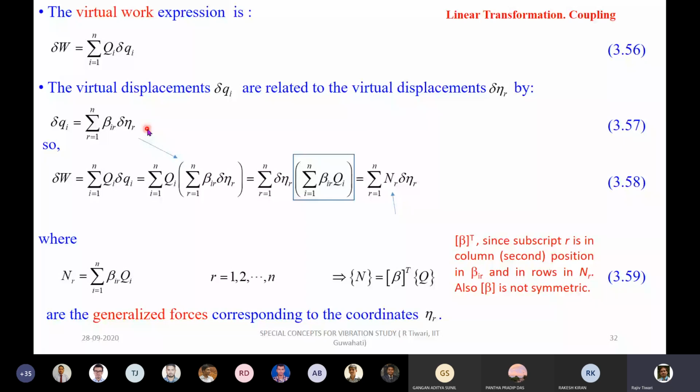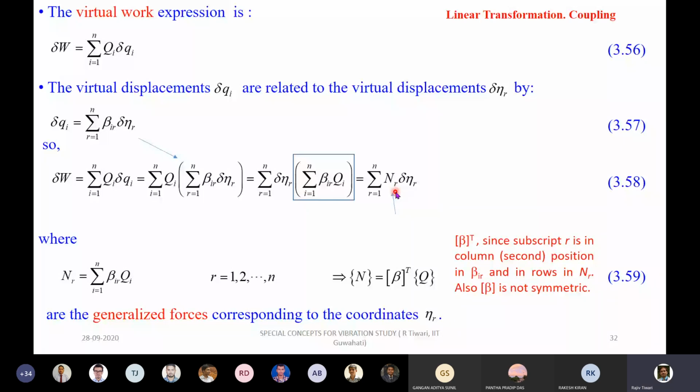If we substitute in the virtual work, then instead of this variation of q_i, the term within the bracket will come, and then we are able to change the order of the summation. We can keep the r outside, so this can be rearranged like this, and whatever term is within the box, I am writing as a capital N_r. So capital N_r is the new generalized force.